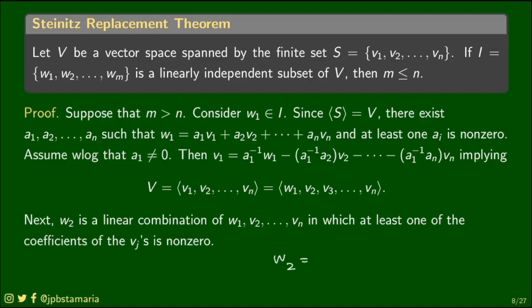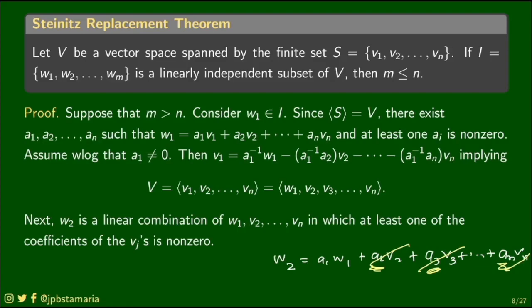Let's say you were able to write W2 as A1 W1 plus A2 V2 plus A3 V3 up to An Vn. Notice that the Ai starting from A2 up to An cannot all be 0. Because if all of these scalars are 0, W2 will just be a multiple of W1, therefore W2 is in the span of W1.